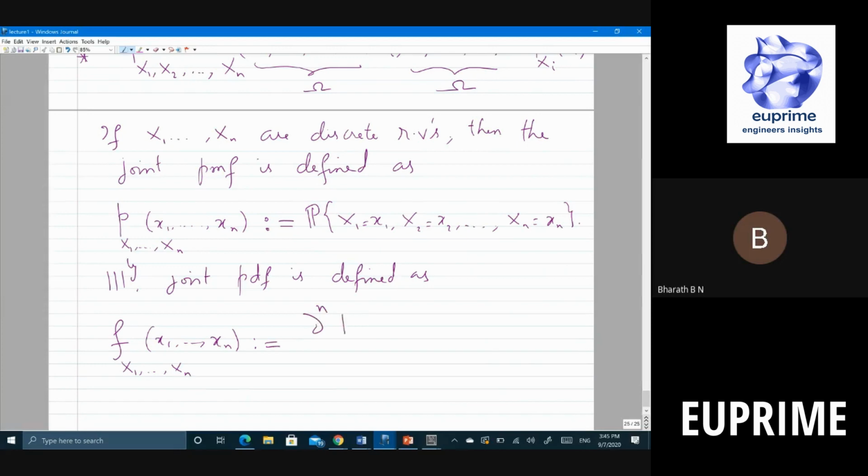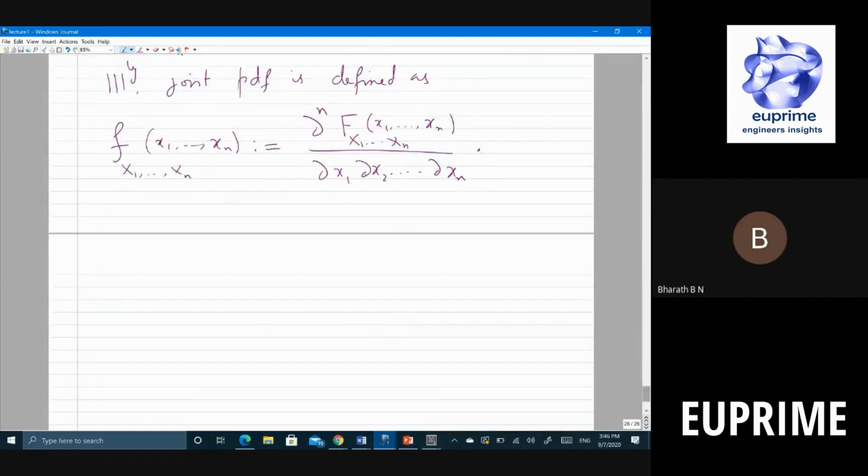The nth derivative of the joint CDF, right? It is dou x1, dou x2, and so on, dou xn. Of course, we are assuming that the nth derivative exists and all that. Okay? Fine? Yes, sir. Okay.